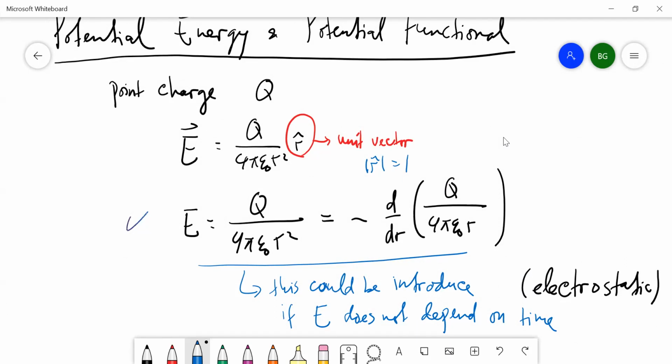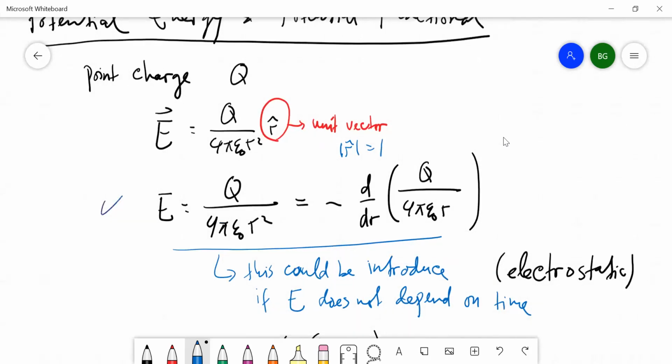So in this case, this E we could express in terms of a function. This is basically a function, and we call this function the scalar potential.